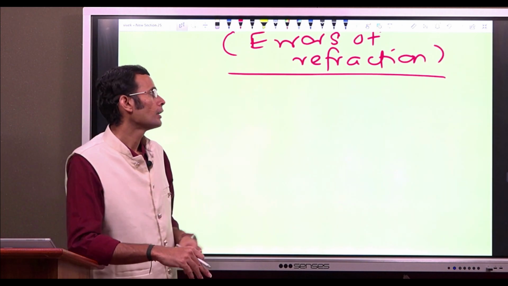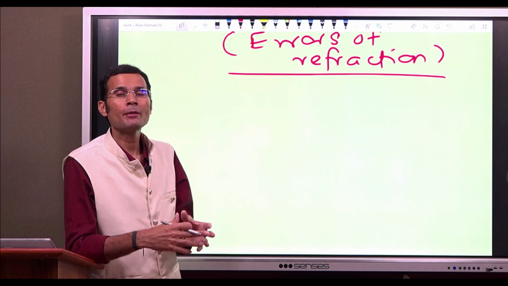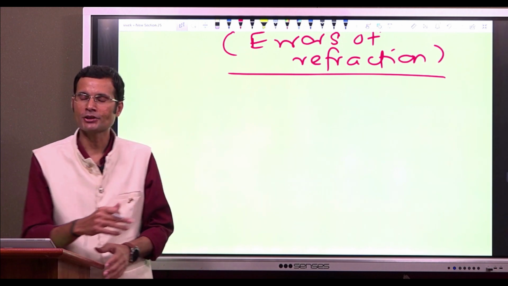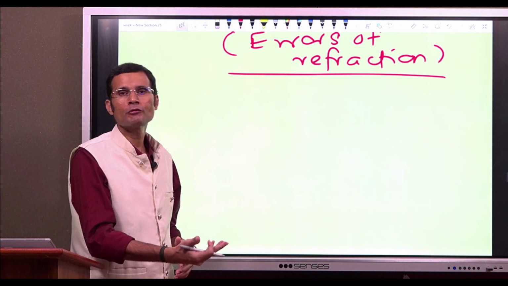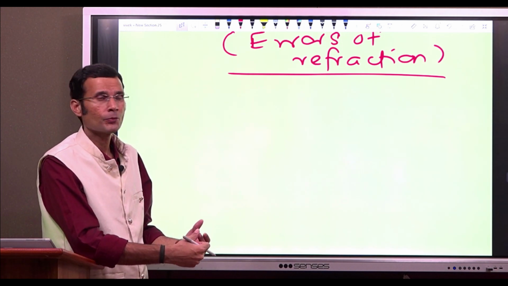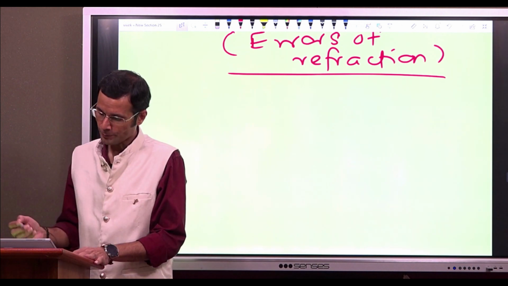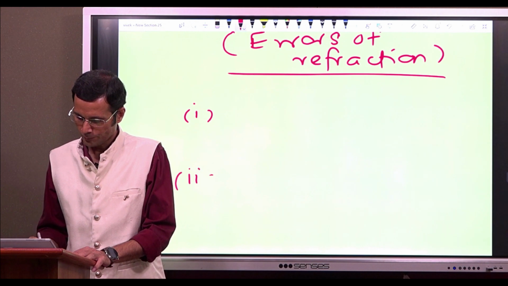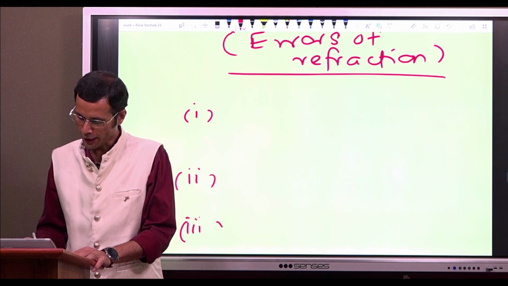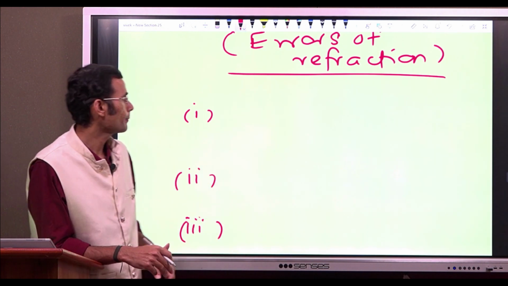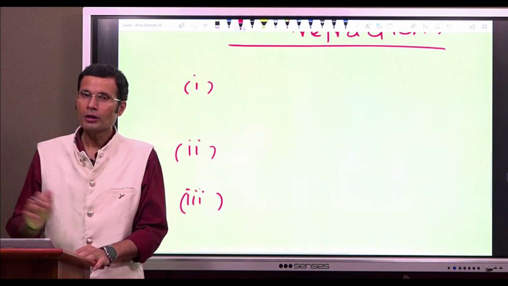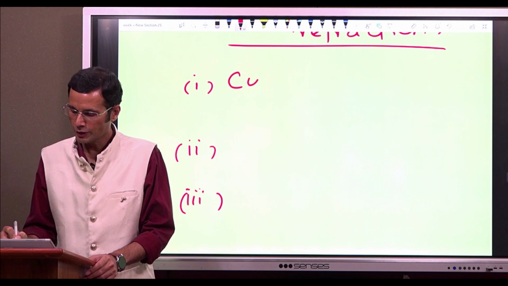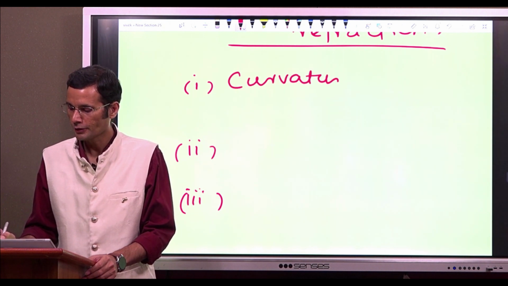Now, what are the various types of ametropia, or the various types of errors of refraction? Why would the error occur? Why would the image not form on the retina? There are three reasons. One is called curvature ametropia.